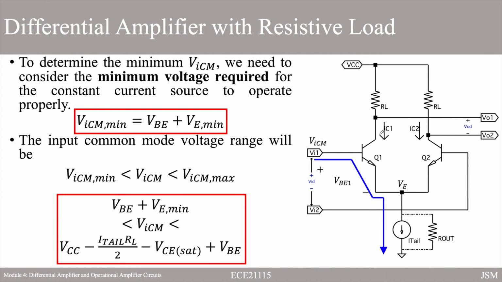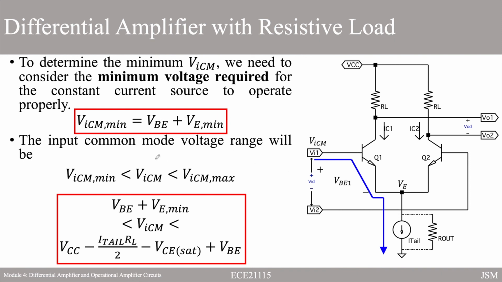VE has a minimum voltage to operate because this is a current source. A current source can be replaced by a transistor in the active region, so VE has a minimum voltage. Therefore, the minimum input common mode voltage, or the DC biasing voltage, will be VBE plus the minimum voltage for the current source to operate.